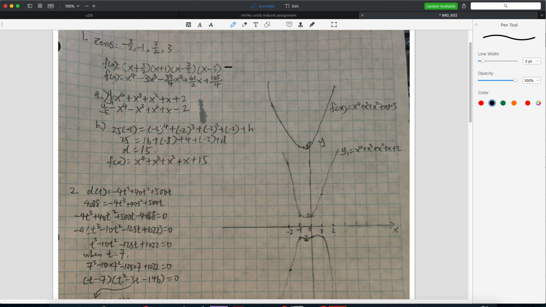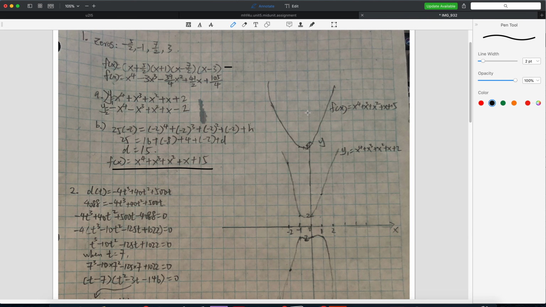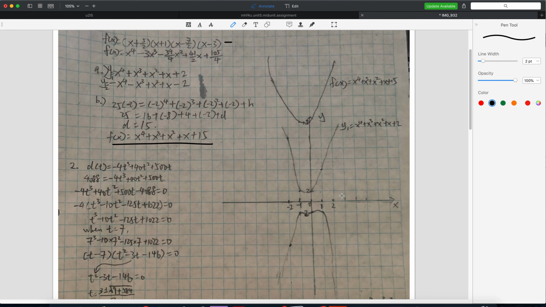So I plug the -2 and 25 into this equation, into the base equation. So then I can find the D here. The D equals 15. So my entire equation is this equation here. And sketch a graph. That's my graph.